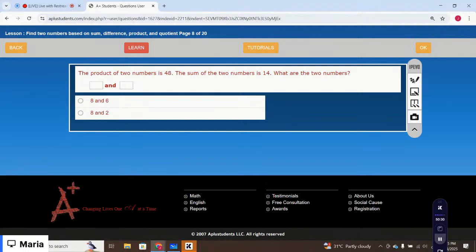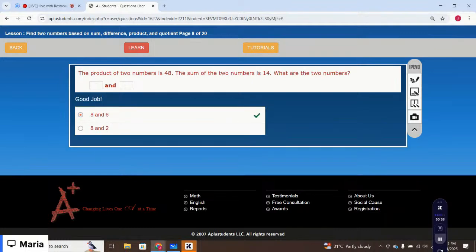That is 8 and 6, because 8 times 6 makes 48 and 8 plus 6 makes 14. So option number 1 is the correct option.